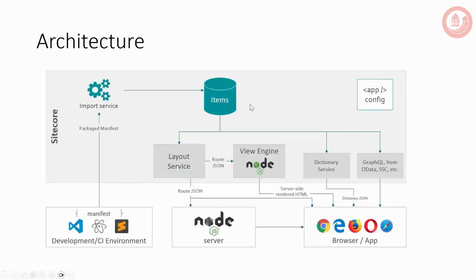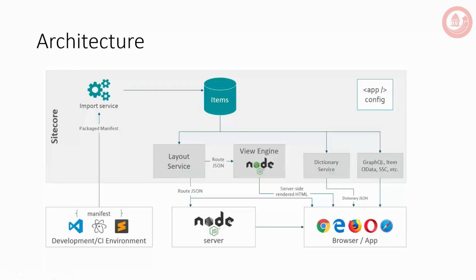But let's see. So item is here. We talked about Headless CMS where the Sitecore instance is sitting on one side, whereas you are using APIs to consume and show it on the website, right? So in this case, your items are here. All we want is an item for our apps. This whole block is Sitecore. So you see how many types of services Sitecore provides you. It is providing you the layout service, which we just discussed.